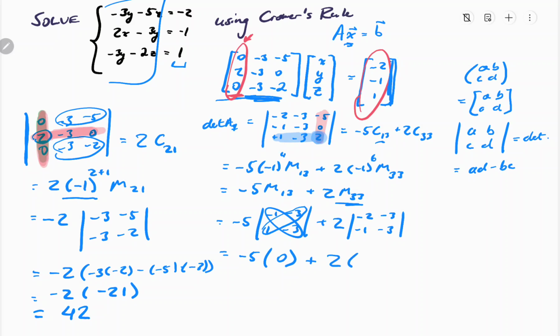We have -2 times -3, which is 6. And we're going to subtract 3 because we have 3 times 1. They're both negative, so it becomes positive, but we're subtracting it. So this evaluates to 2 times 3, which is 6.